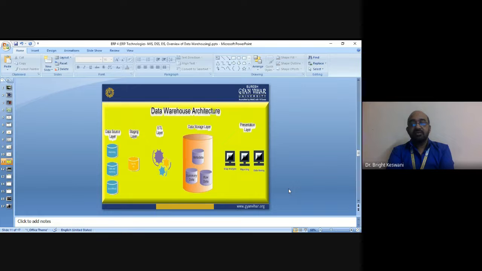So there are two types of architecture of data warehousing. First is conceptual data architecture, and second is logical data architecture. Let us discuss the data warehouse design. It is basically a process that begins with the construction of the enterprise data model.